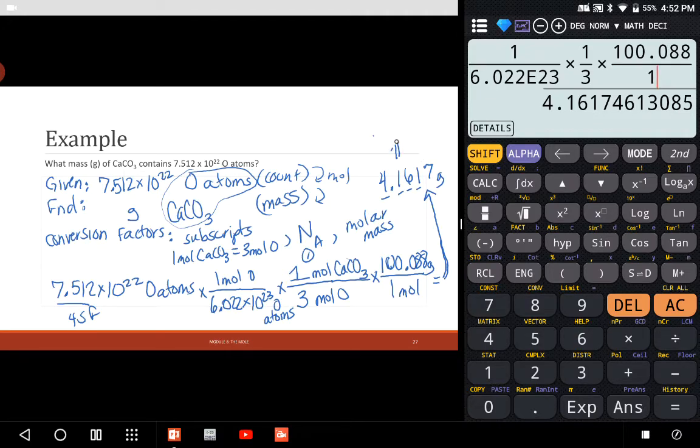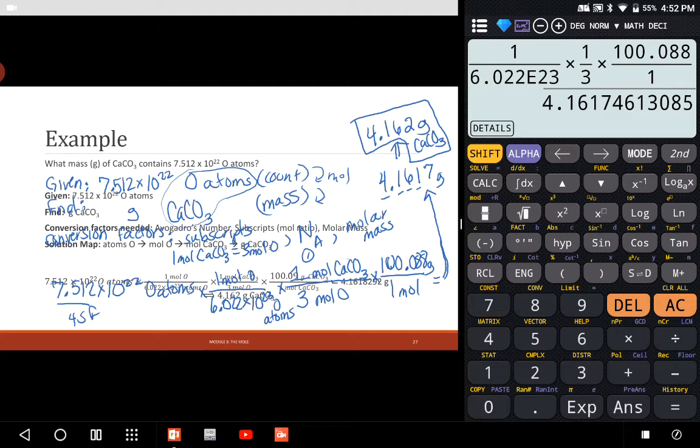And so that becomes 4.162 grams of calcium carbonate. So 4.162 grams of calcium carbonate contains that many oxygen atoms. And it looks like that's missing some sig figs. So slide 7, need to fix sig figs on that one.